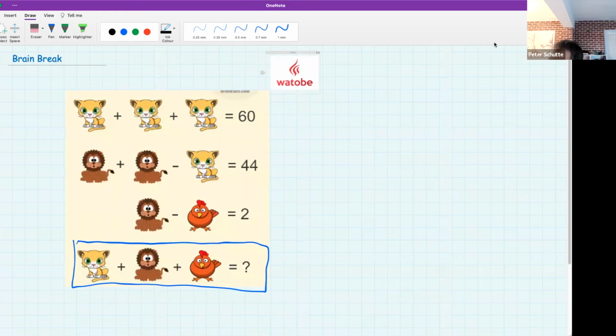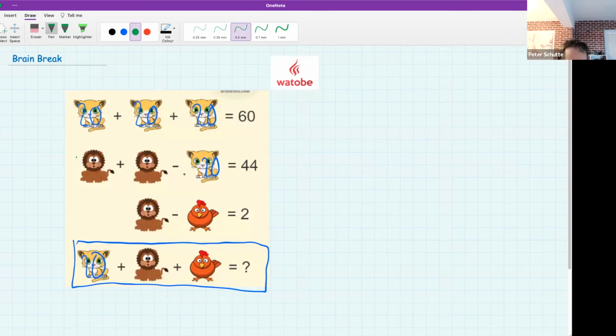Okay. All right. So I see Rafiwe is leading us. Susanna is telling us, I think everyone is realizing that the cat, or the little kitty cat, must be 20. And so then what is the rather friendly looking lion going to be? Okay. So let's see who else has a.